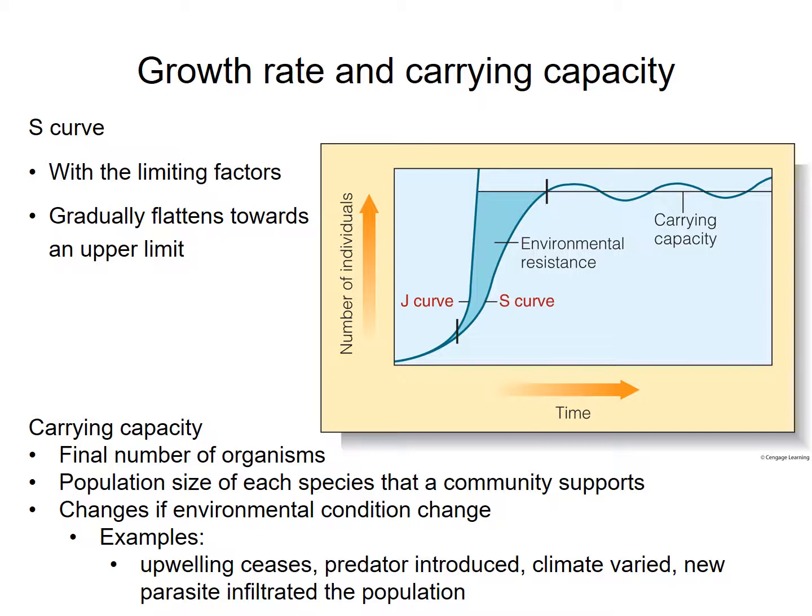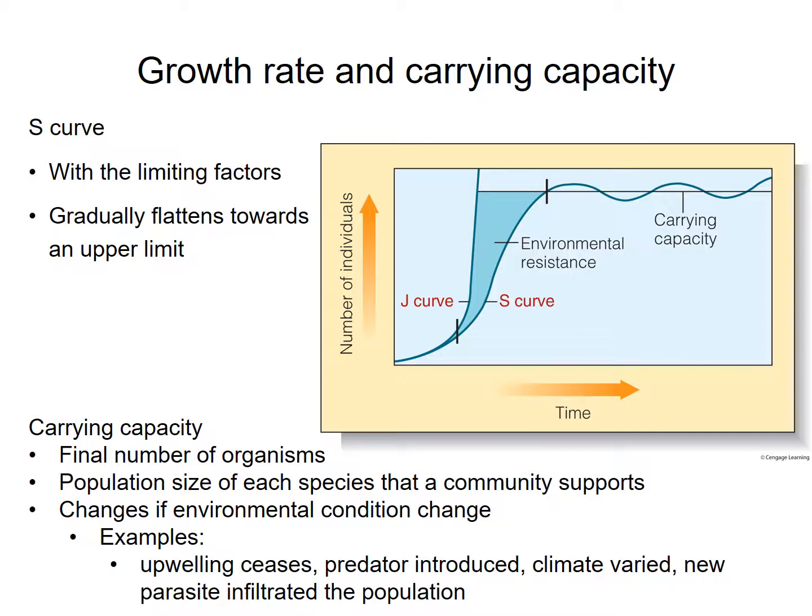So when the limiting factors come into play, then a curve looking like this S-curve is shaped. It gradually flattens towards an upper limit of the number of individuals in the population.